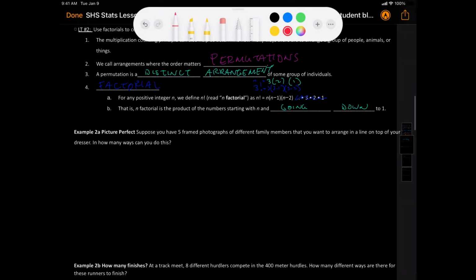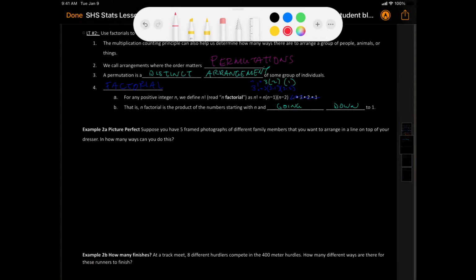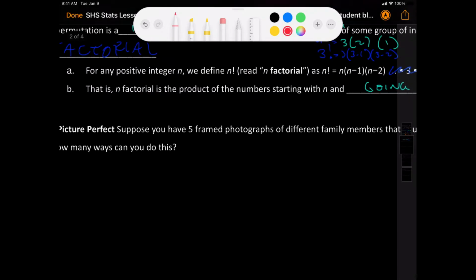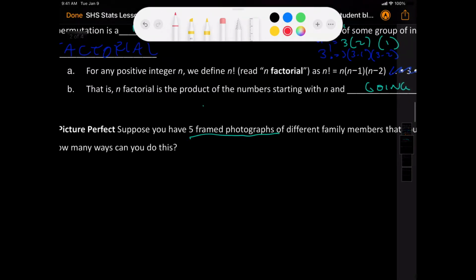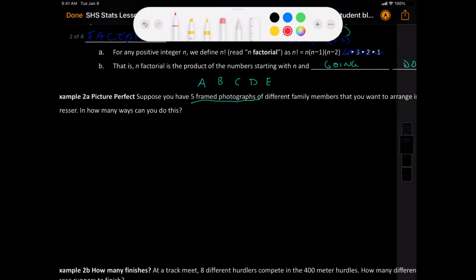Let's try this example here. Picture perfect. Suppose you have 5 photographs of different family members that you want to arrange in a line on top of your dresser. How many ways can you do this? Okay, I'm going to call these 5 picture frames A, B, C, D, and E. Okay, let's think about this.